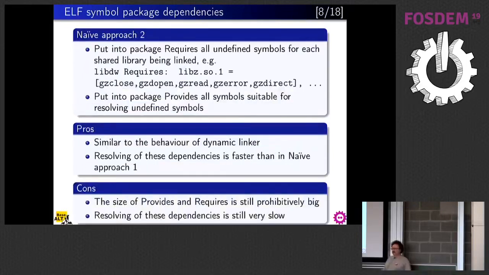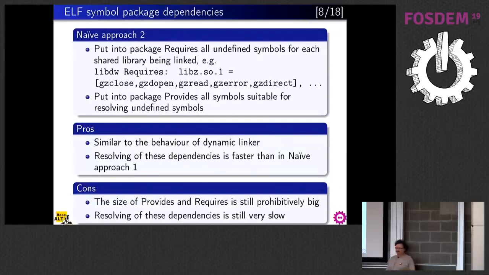So a slightly different approach would be to associate these symbols with libraries. It's also a naive approach because symbol names could be really long. For example, in languages like C++ and other languages that use namespaces and so on, symbol names could be as big as you could imagine and even longer.